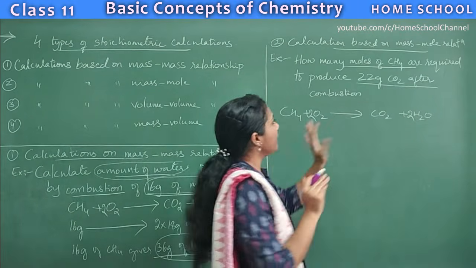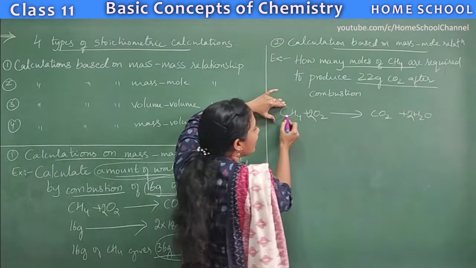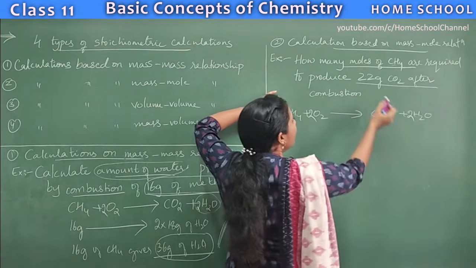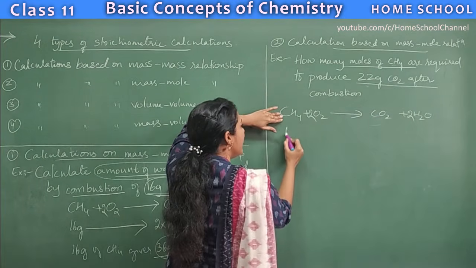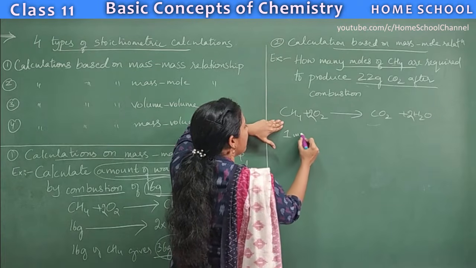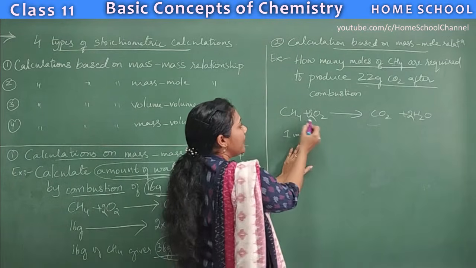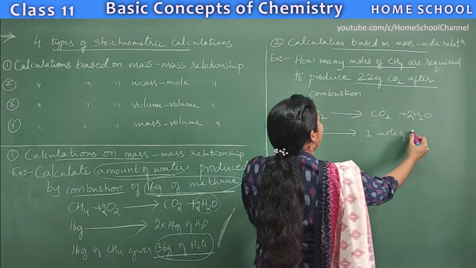And from the equation, I can always say how many moles of methane react to give how many grams of carbon dioxide. That means 1 mole of methane will always give you 1 mole of carbon dioxide.